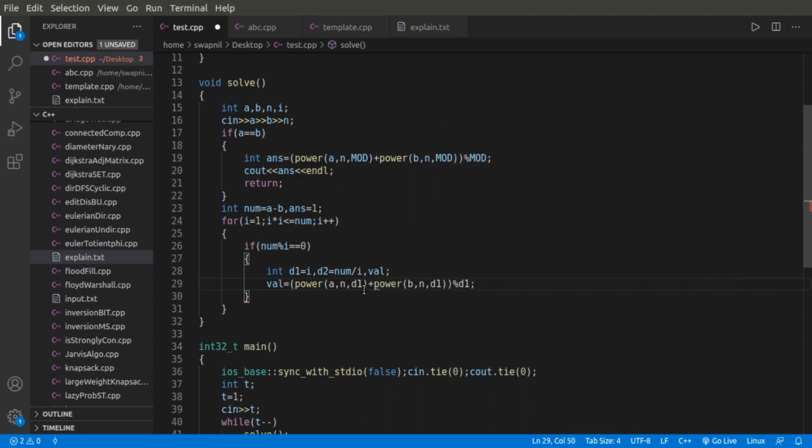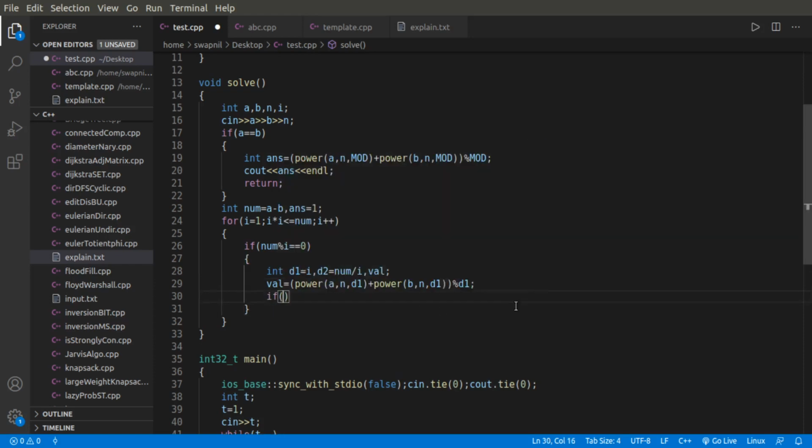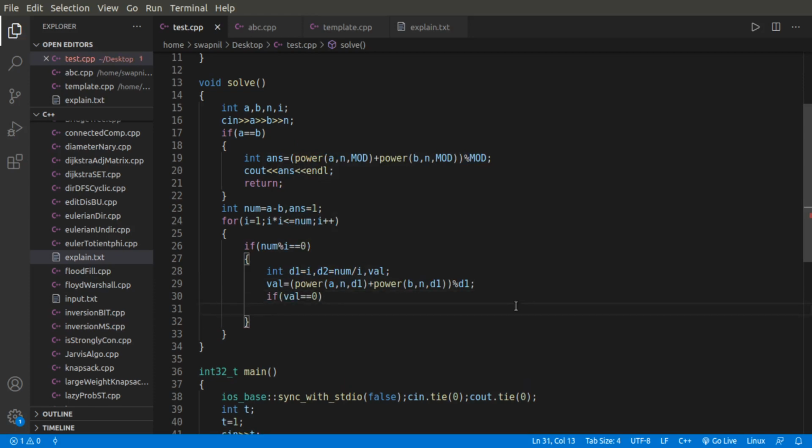Okay, val is power of that expression a power n mod d1 plus b power n mod d1 whole mod d1. And if this expression is coming out to be 0, so this means d1 divides both first term and second term. So this could be my answer.